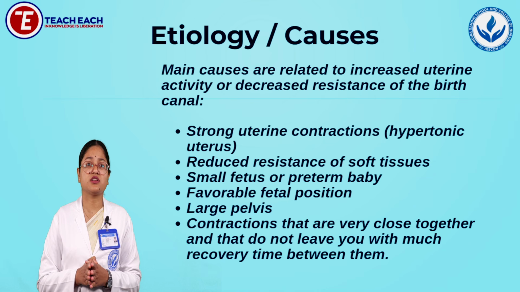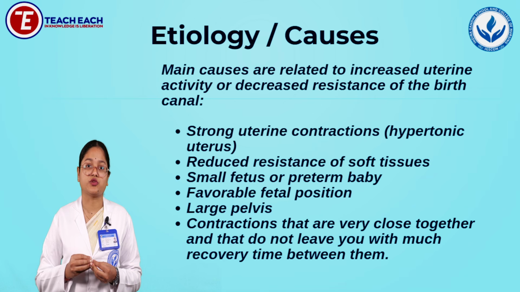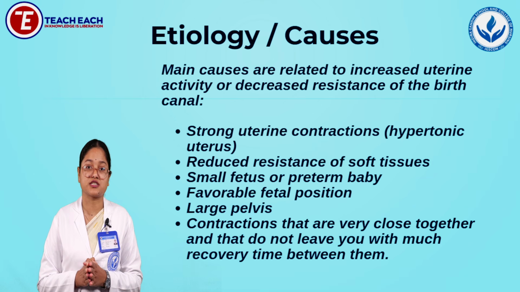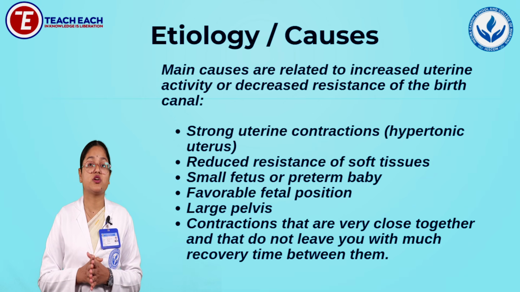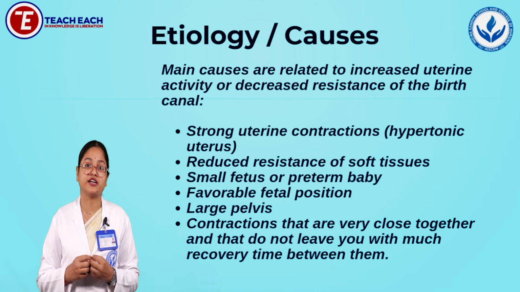Increased uterine activity or decreased resistance of the birth canal, meaning the vaginal muscles do not have enough resistance to hold the uterus, and rapid intense uterine contractions can lead to this condition. Strong uterine contraction we can call a hypertonic uterus, which is very contracted and pushes the contents down into the cavity or the vaginal area.